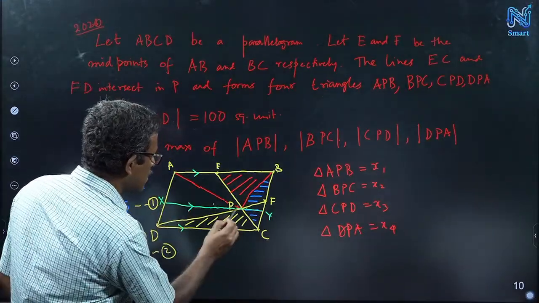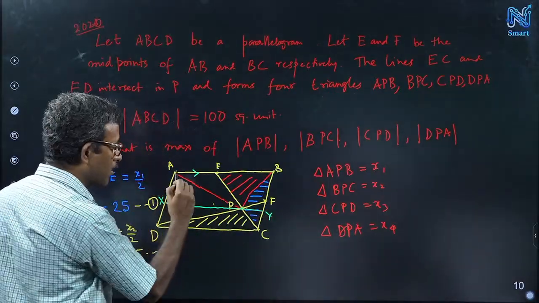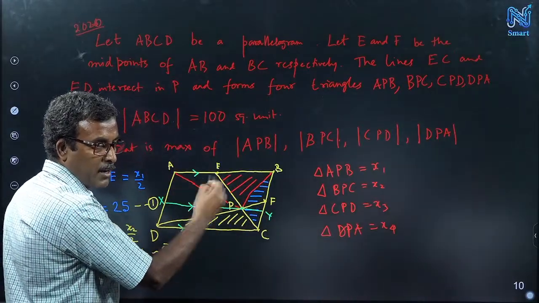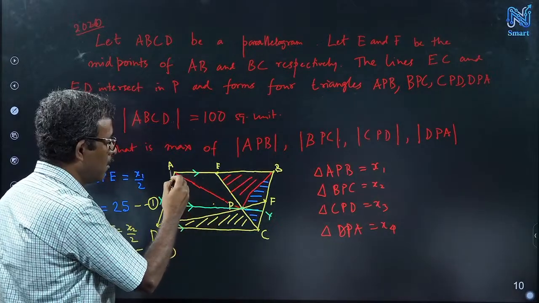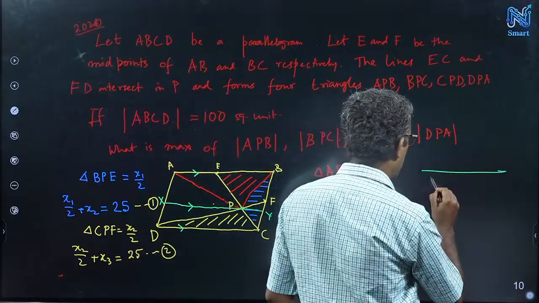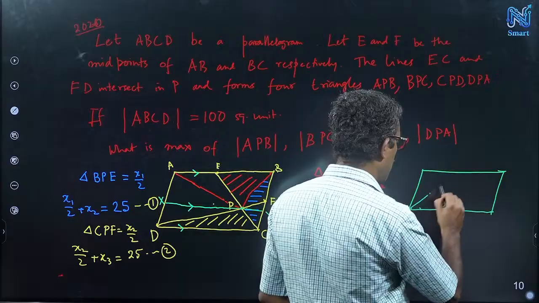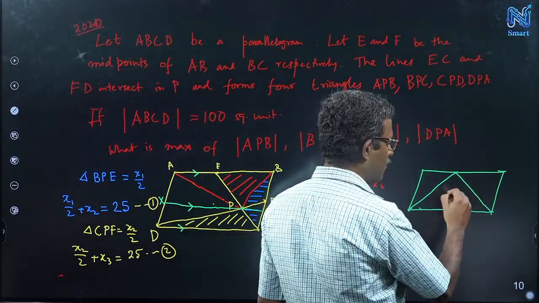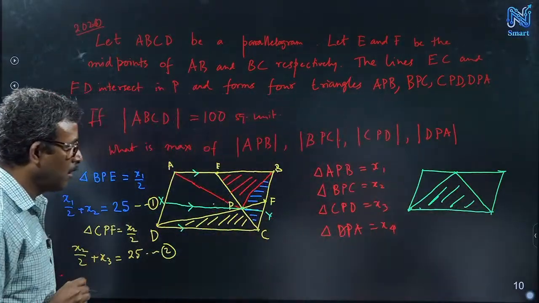Now this is half of the area of the parallelogram. This is x1. ABP. The triangle area must be the half of the parallelogram area, right? For any parallelogram, if you take the same base and whatever the vertex may be, the area is half of the parallelogram area, right?